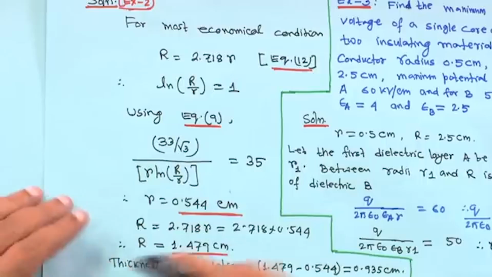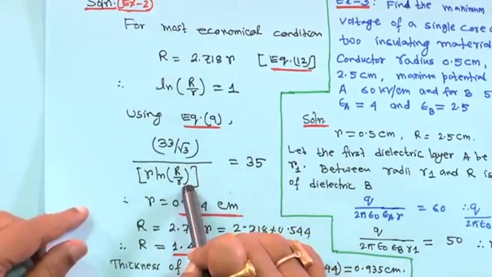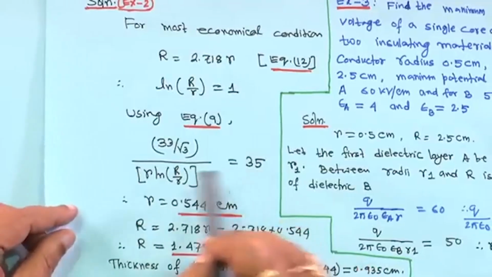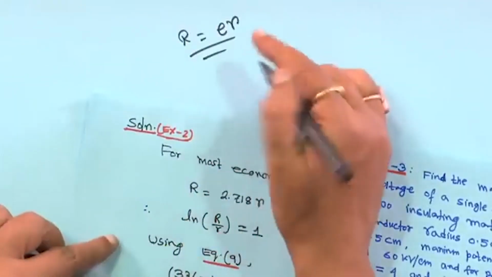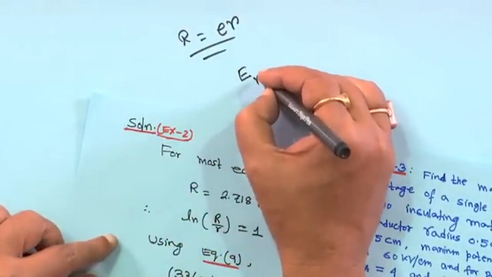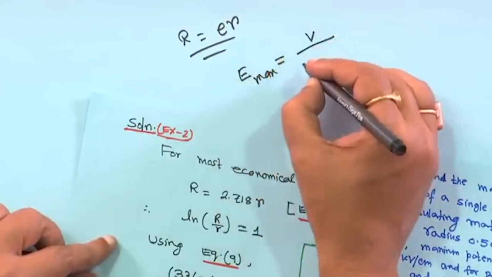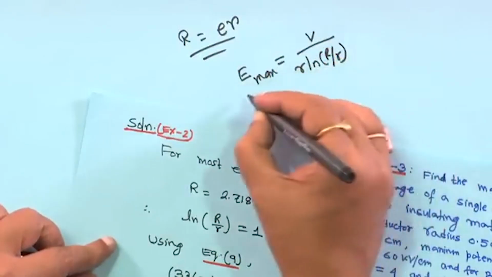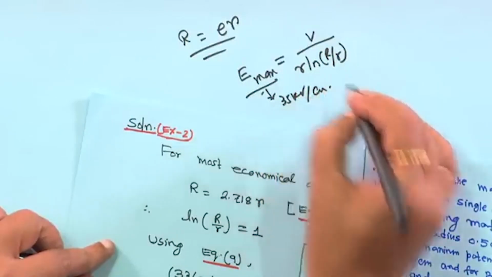Now, using equation 9, the maximum electric stress is given as 35 kV per centimeter. The formula, no need to write here: E max is equal to V, that is the line to neutral voltage, upon R ln capital R by small r, and this E max is given as 35 kV per centimeter.